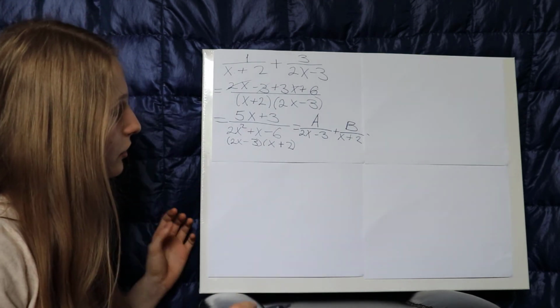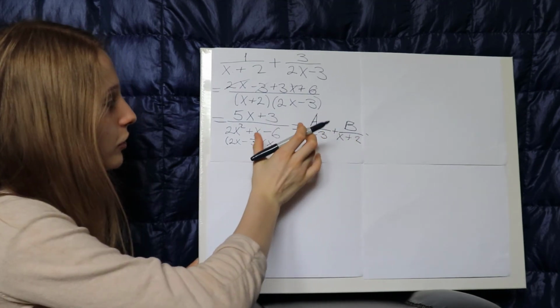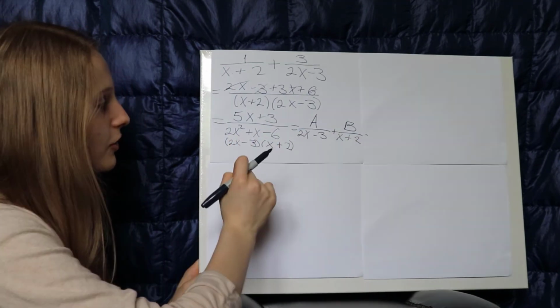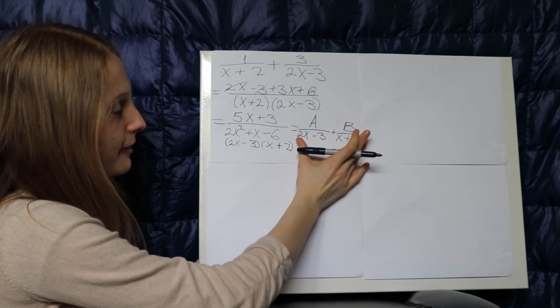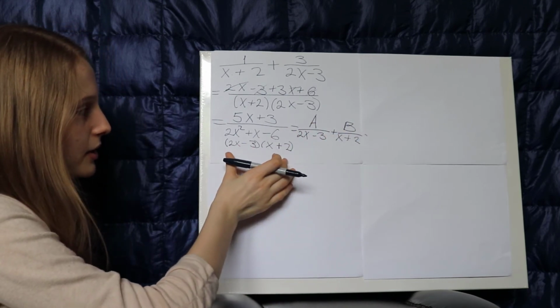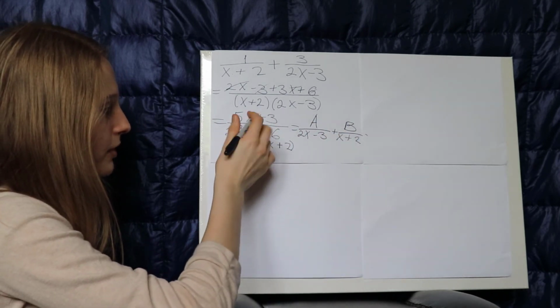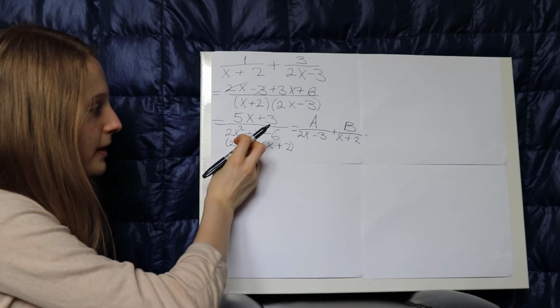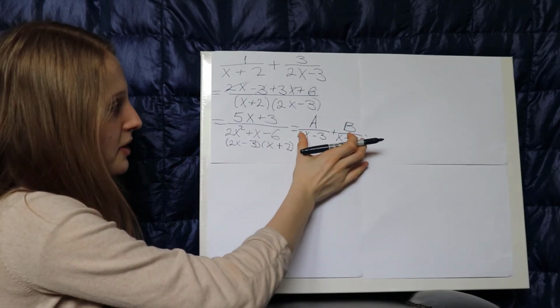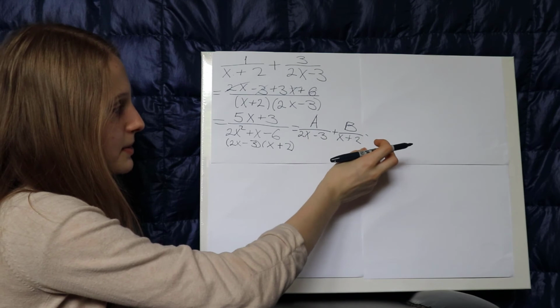The logical thing to do is to solve this as an equation. So first we multiply this side by the denominator here. So we multiply both of these by 2x minus 3 and x plus 2. And this one also, 2x minus 3 times x plus 2.